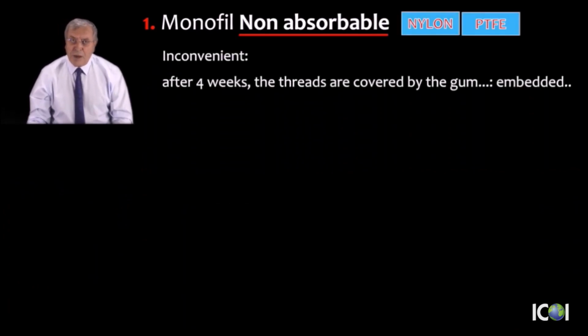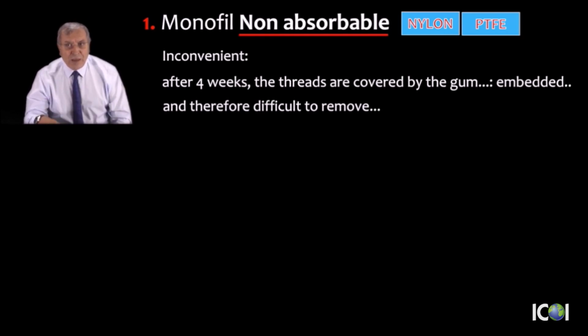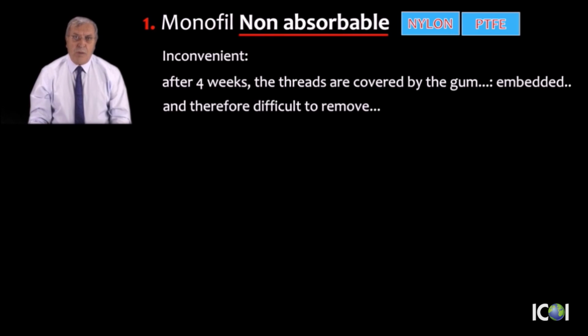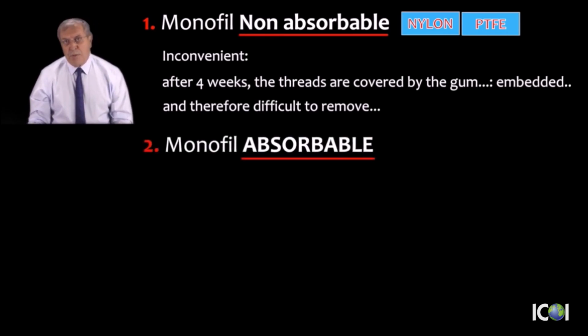We can use a non-absorbable monofil, nylon or PTFE, but if we want to leave this suture for 4 weeks, obviously you will meet the threads embedded into the gum, and therefore it will be difficult to remove them. So the only solution is to use an absorbable monofil.